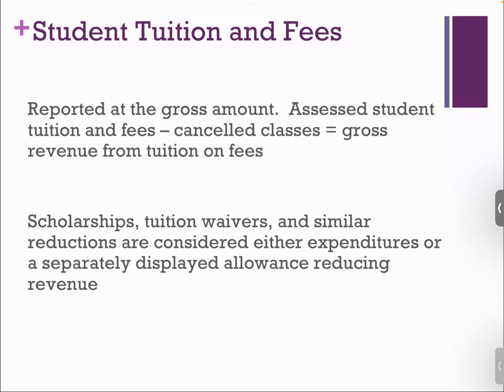That doesn't reduce the gross revenue. The only thing that reduces gross revenue is canceled classes or reimbursements, like if a student drops a class and we have to reimburse their tuition. All of these other things, scholarships, tuition waivers, other reductions, we record as expenses or allowances.